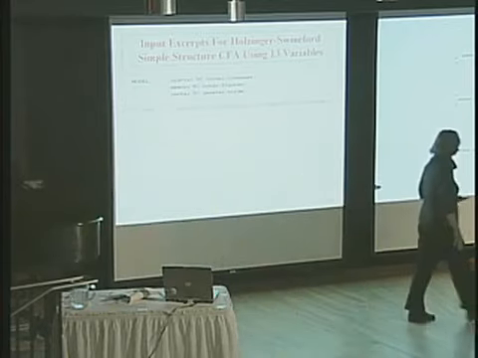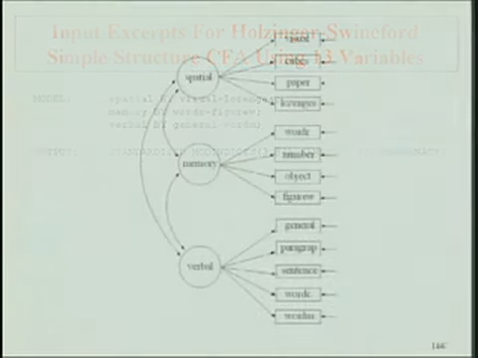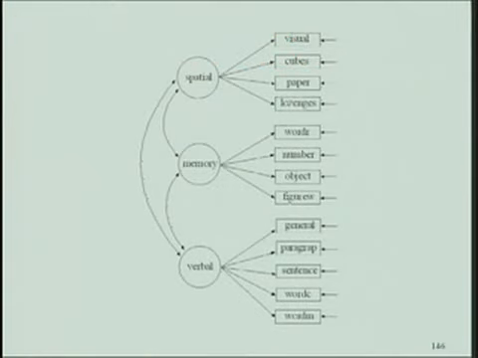If we look at this diagram over here, what we're going to estimate are the 3 factor loadings for spatial that aren't fixed to 1, the 3 factor loadings for memory that aren't fixed to 1, and the 4 factor loadings for verbal that aren't fixed to 1. A residual variance for each of the factor indicators, and we're going to estimate the covariances among the factors along with their variances.